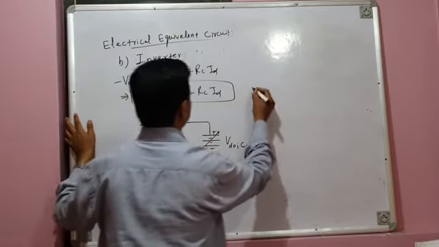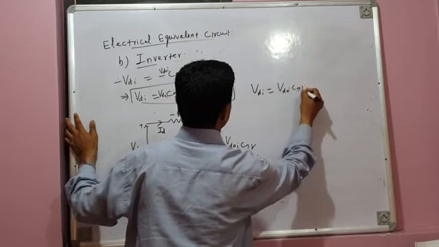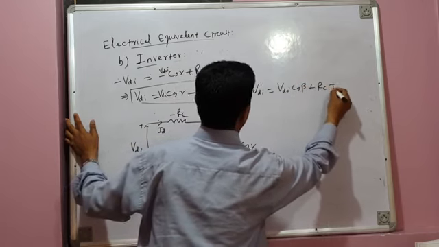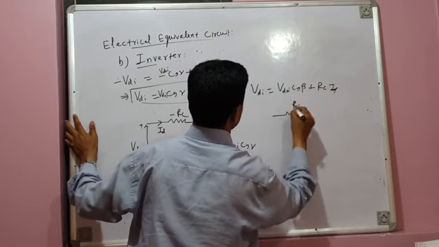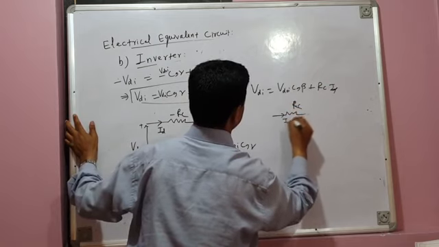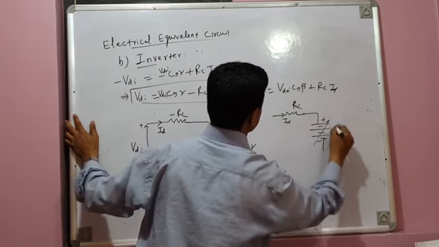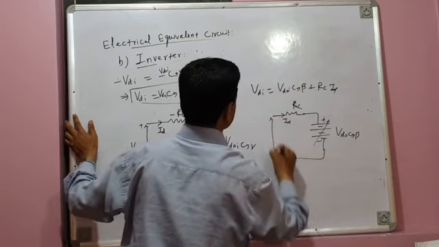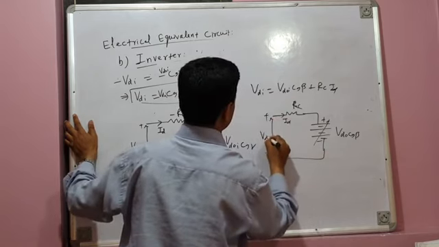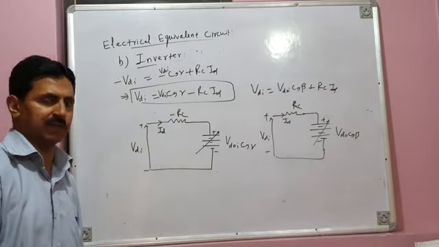And there, VDI was given as VDOI cos beta plus RCID. And electrical equivalent circuit was like this: RC positive, RC ID, plus minus. This was VDOI cos beta, and this was plus minus VDI. So these are two different electrical equivalent circuits of converter operating in inversion mode.